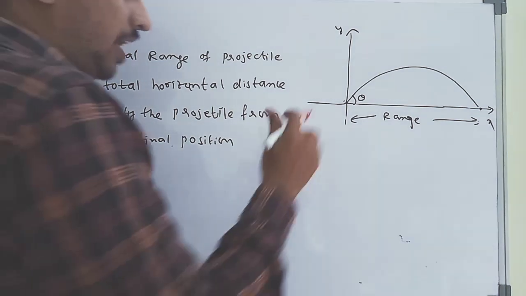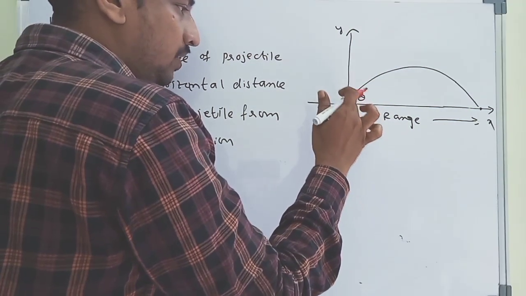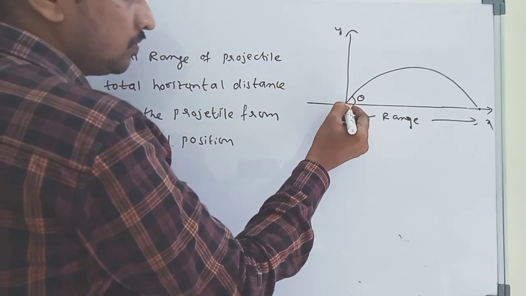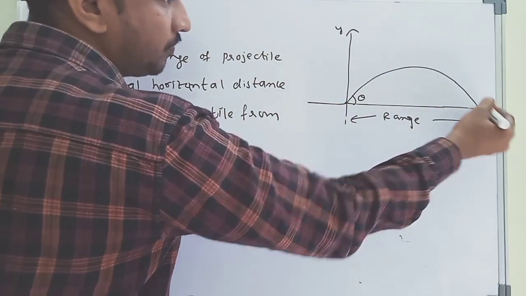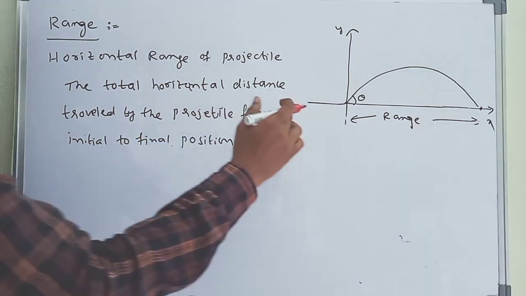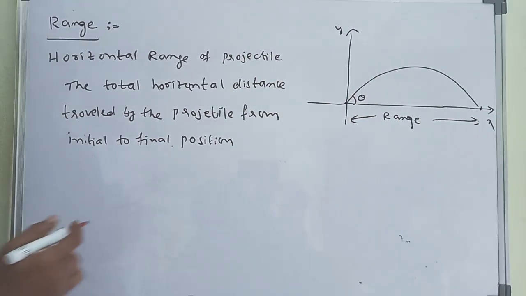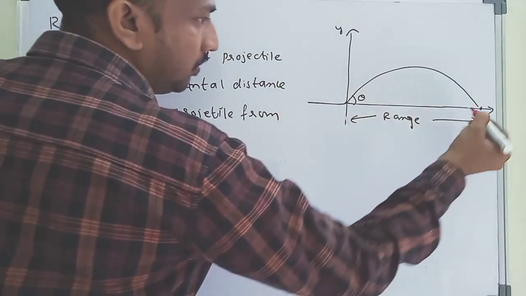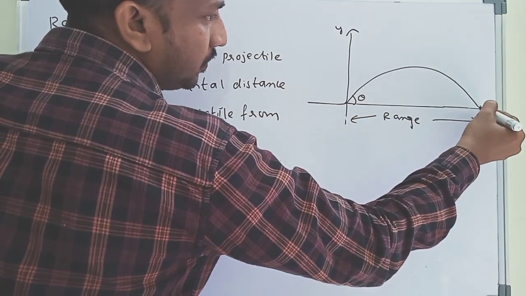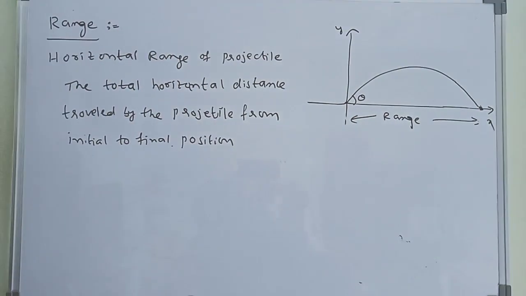Okay. So what is the time taken by the horizontal projectile here? That is the time taken by the projectile to reach the final position from the initial position. That is nothing but time of flight. Total time of the projectile to complete this point is nothing but the time of flight.